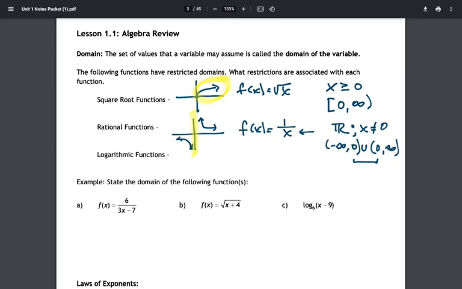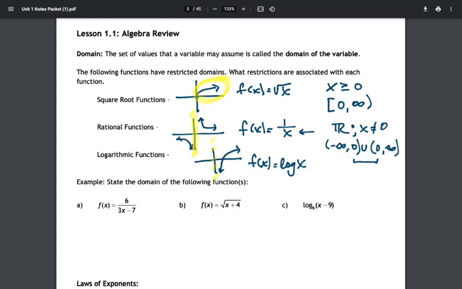Okay, then one more function that we encountered last year in Algebra 2 was the log function. And if you'll recall, the graph looks like this, and the equation looked like this. And remember, when you take the log of a number, you have this asymptote right here again on the y-axis. You can't take the log of 0 or any negative number.